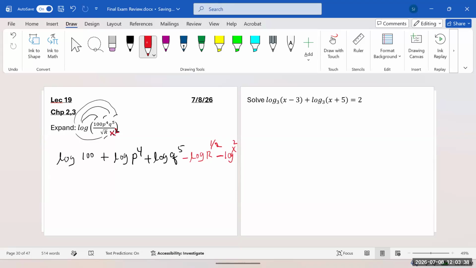And then you simplify. Can you simplify log 100? Yeah. What do you get? 2. Because this 100 is 10 square. So we have the invisible 10. Everything cancels out, the answer is 2. And then what happens to the next one?